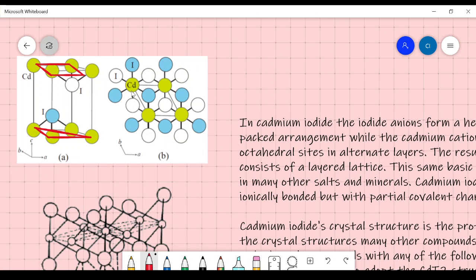Suppose you number this 1, 2, 3, and 4. Now if you just tilt the cube, this particular thing is going to form a layer like this. Okay. So 1, 2, 3, 4, 5, and 6.